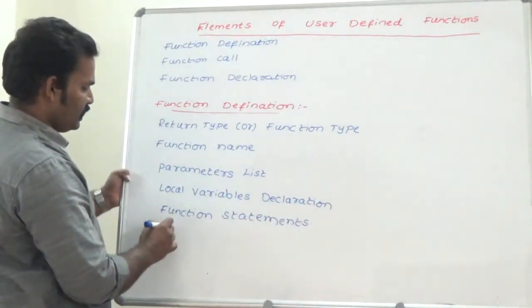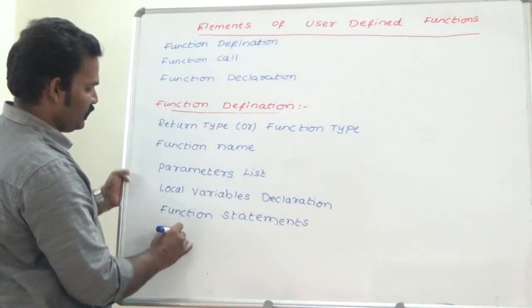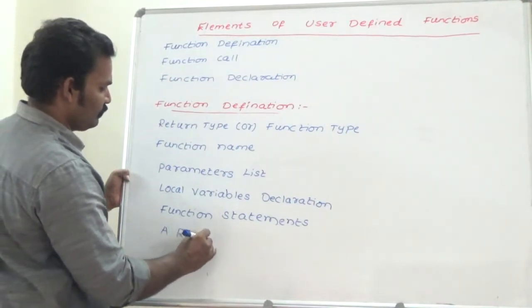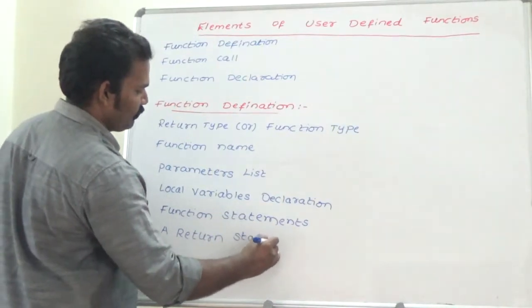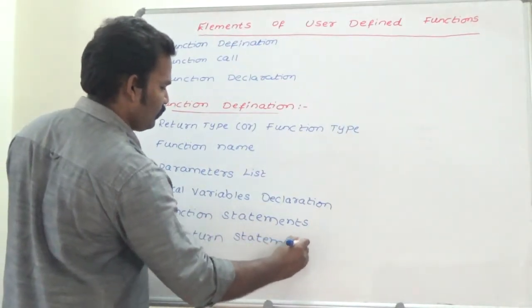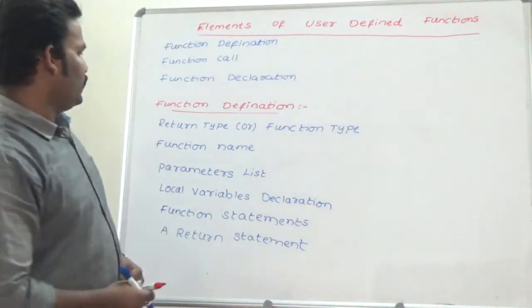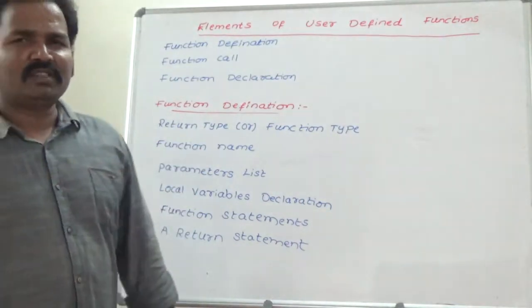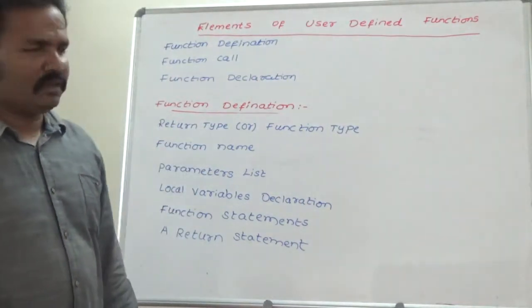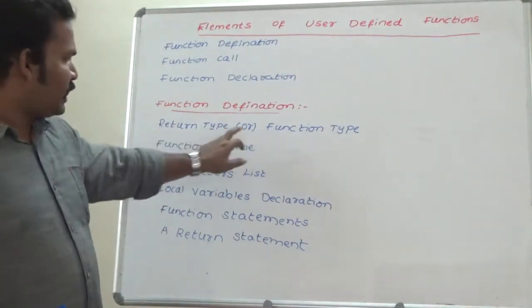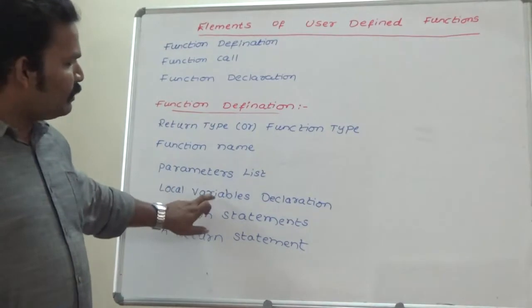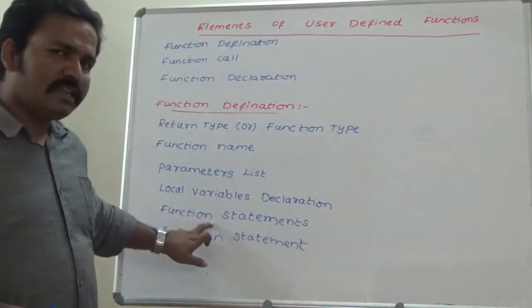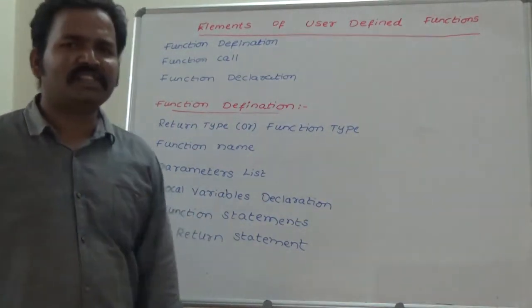Next, return statement. So these are the 6 elements of function definition: return type or function type, function name, list of parameters, local variables declaration, function statements, and return statement.